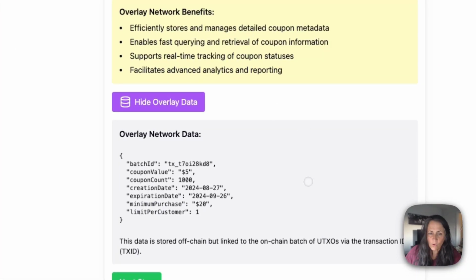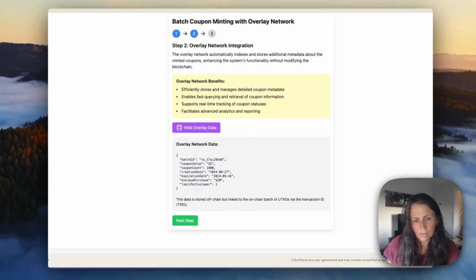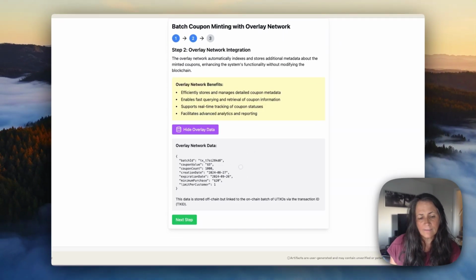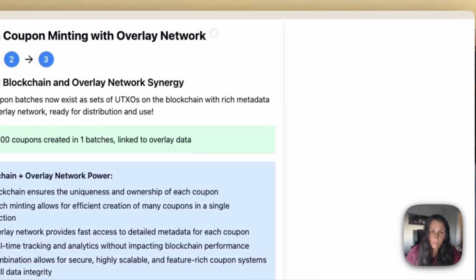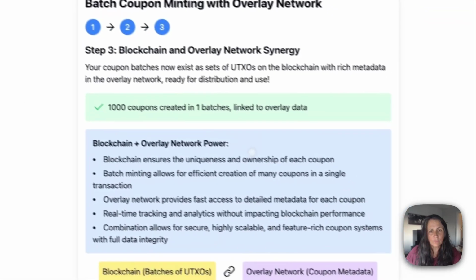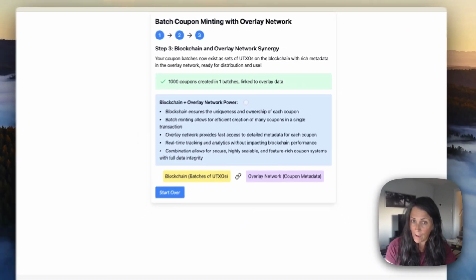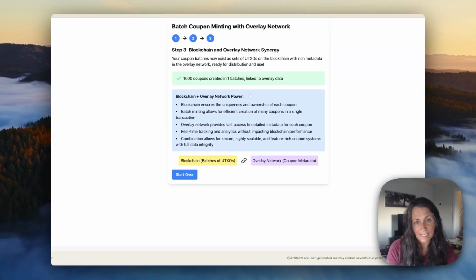So I'm just going to show this is again pseudocode, but the idea is that you are directly connected to that TX ID of the original mint. So bingo, we have 1,000 coupons created in one batch linked to overlay data.